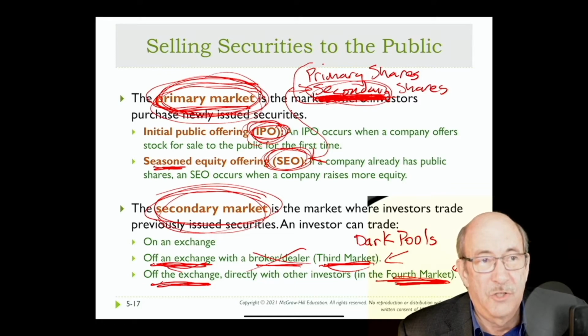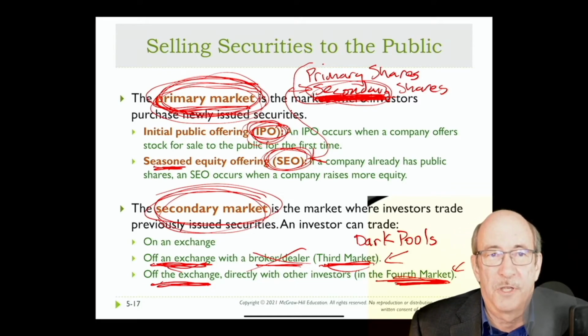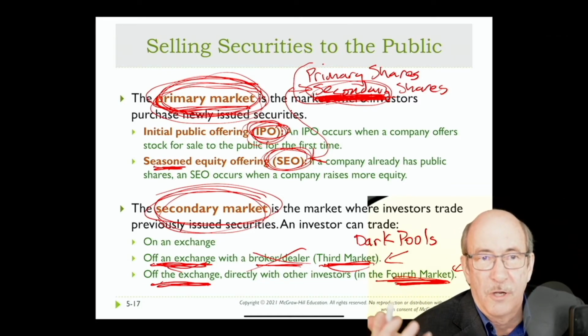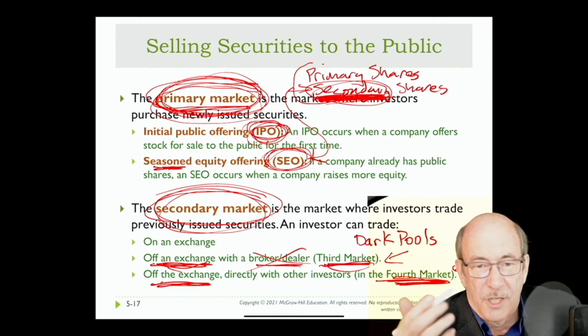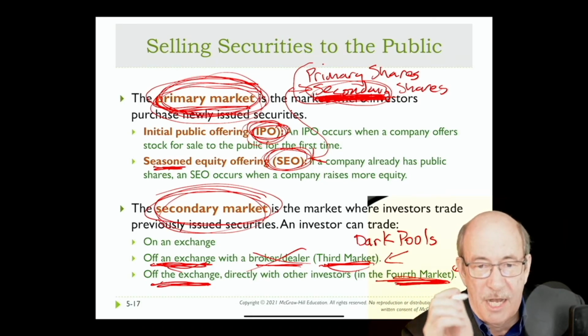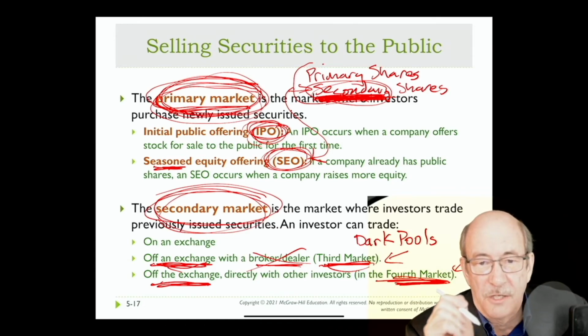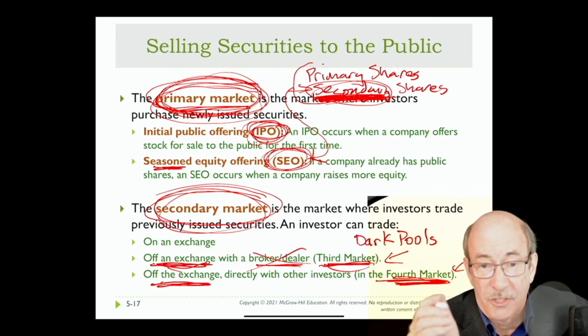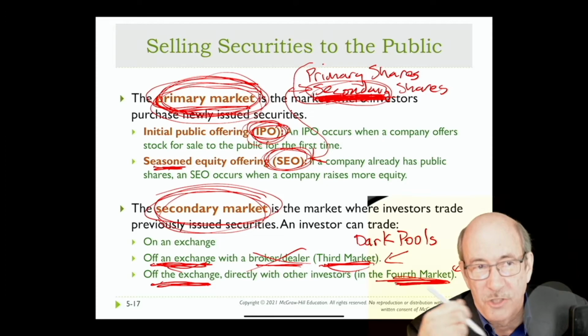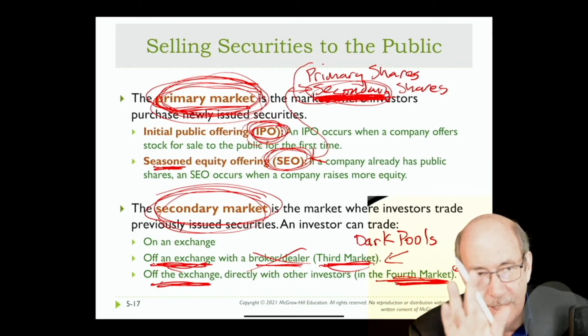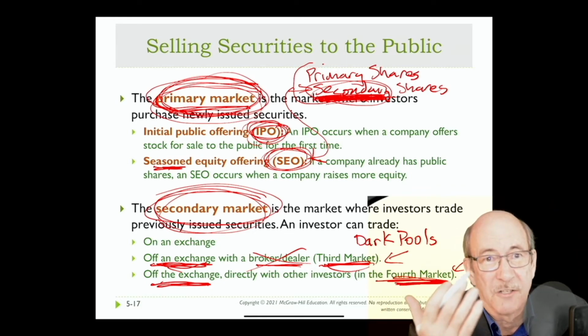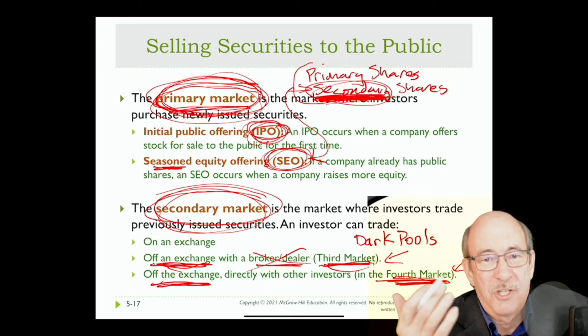All right. So it's just as though you submitted an order to your broker. And in fact, you could do this. You could say, hey, I want to trade in the third market. I shouldn't use the word exchange there at all because it's not on a formal exchange like the NYSE or the NASDAQ.